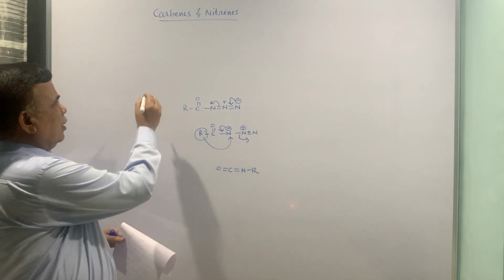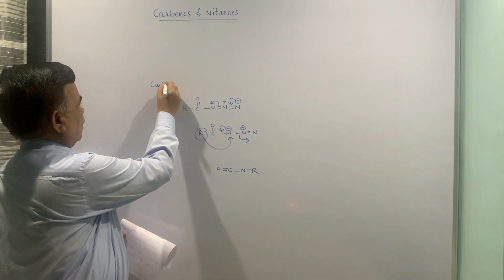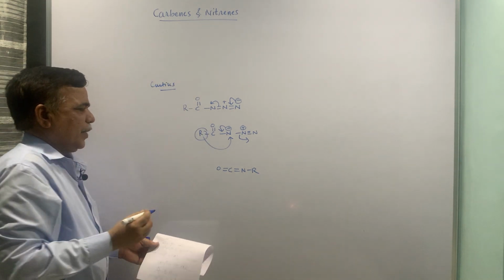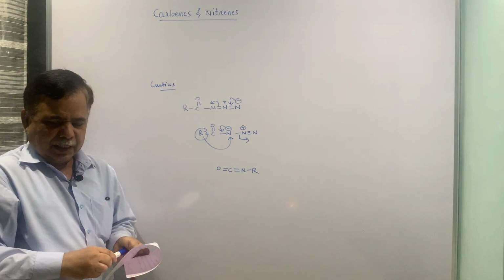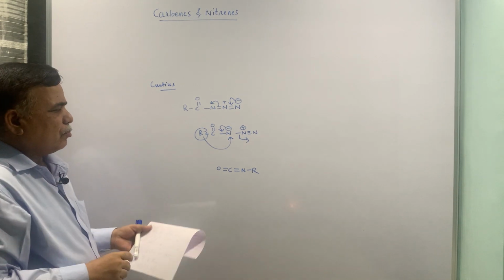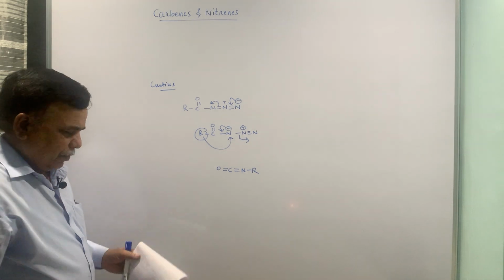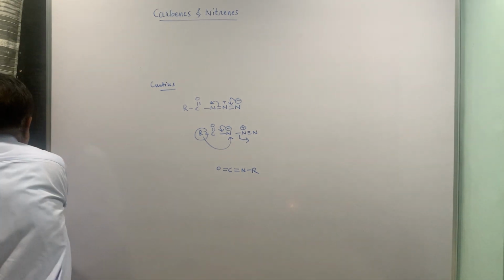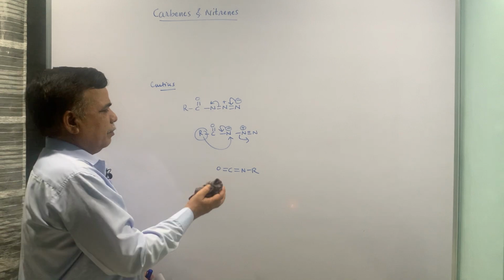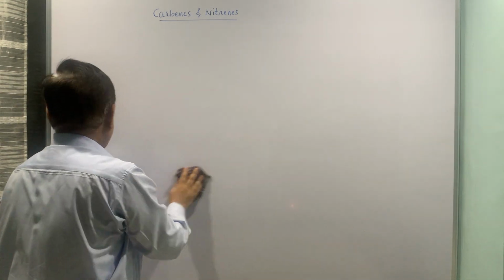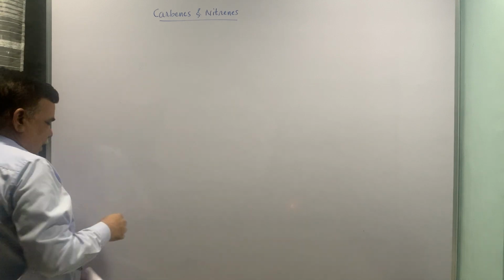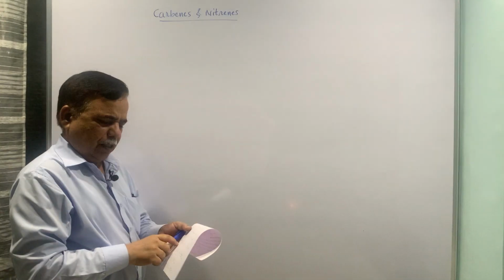So, this is your classical Curtius rearrangement, in which the nitrine intermediate is involved and nitrine gives rise to isocyanate, which eventually reacts with water and you get the primary amine starting with the azide.